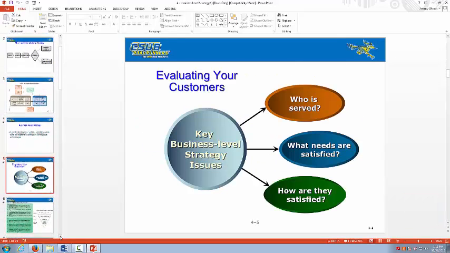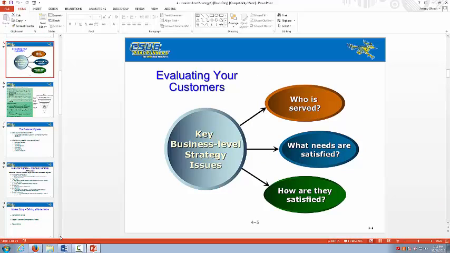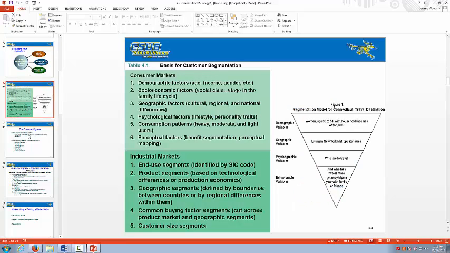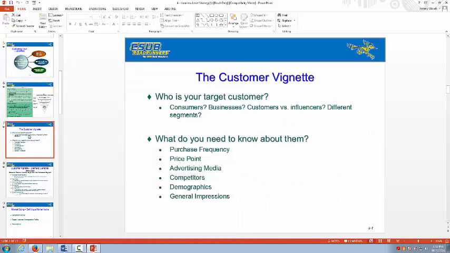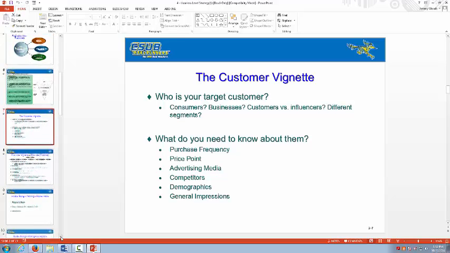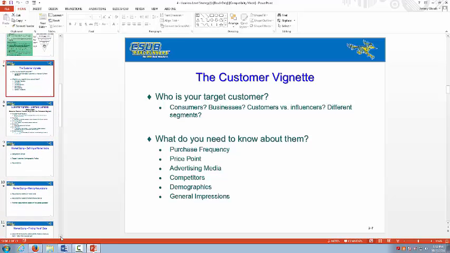So, the key things to remember from this chapter: customer vignettes and market sizing, those will not be on the exam, actually. However, these are 2 topics that I've gone over that'll be on the final that are important from this chapter.